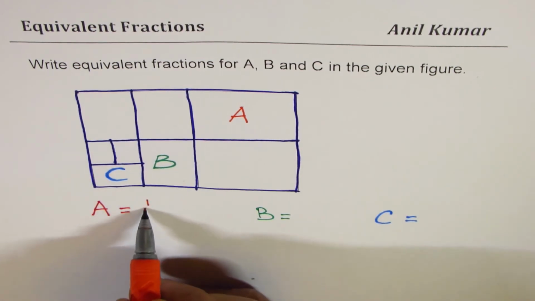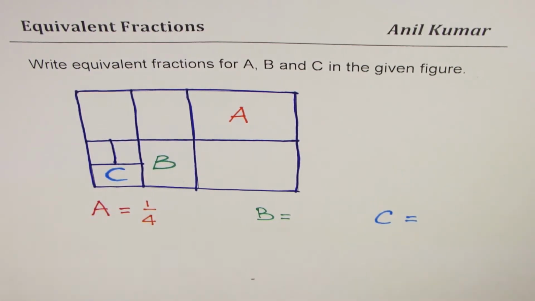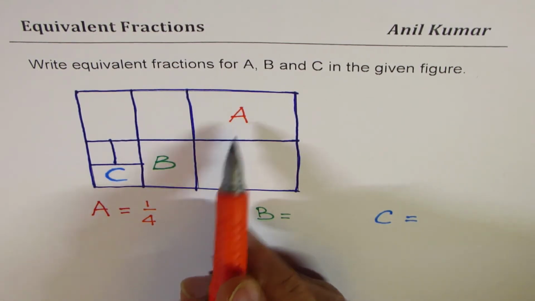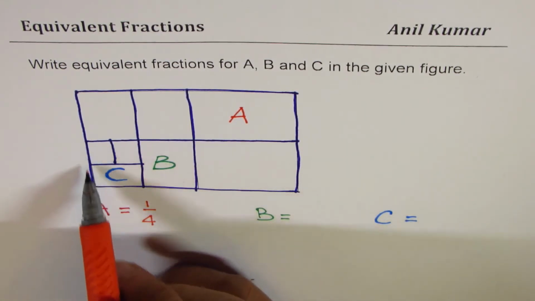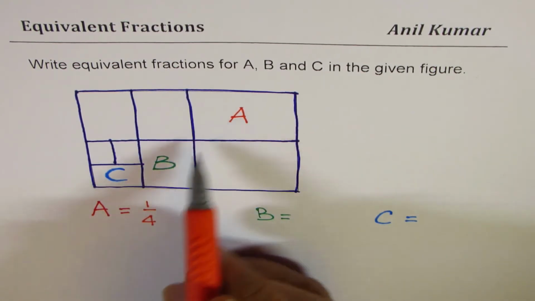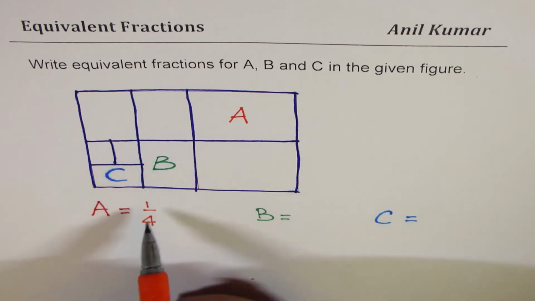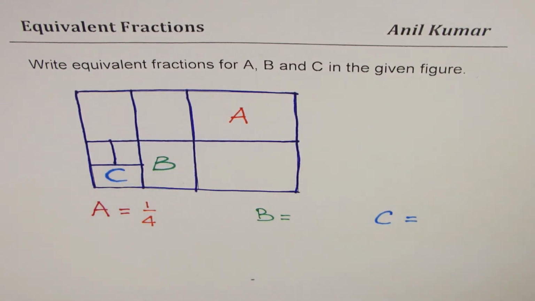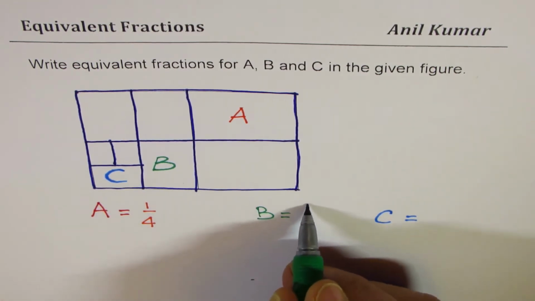So I could write this as 1/4. Is that clear? So A becomes 1/4. This is also A, that big thing. But if I do half of 1/4, I get 1/8. So B is 1 out of 8.